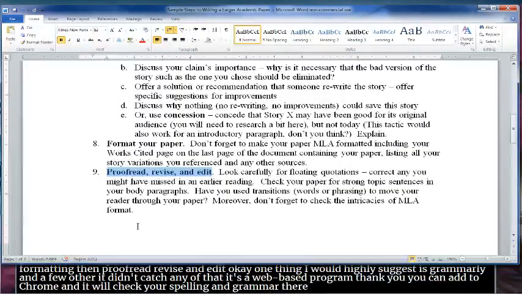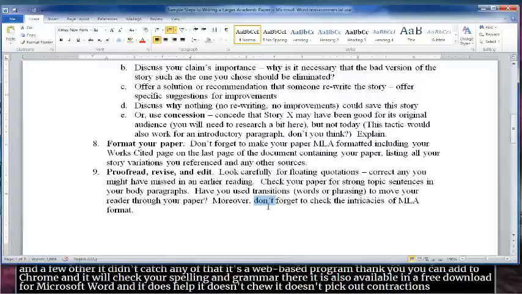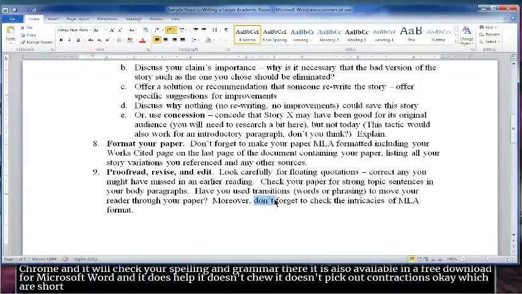It is also available in a free download for Microsoft Word, and it does help. It doesn't pick out contractions, okay, which are shortened words that should not be in academic writing.